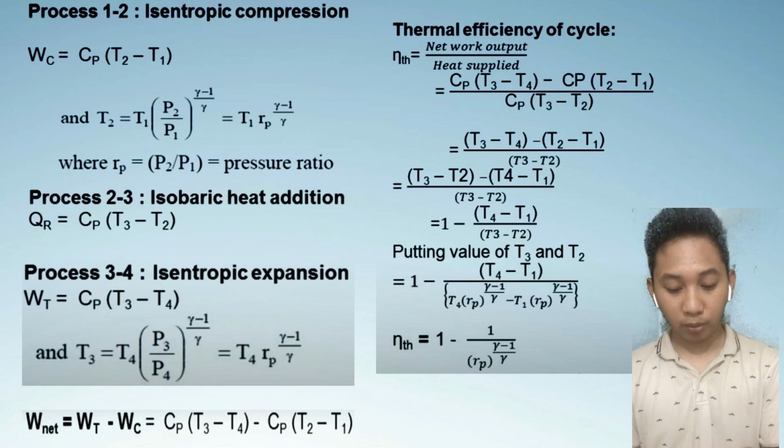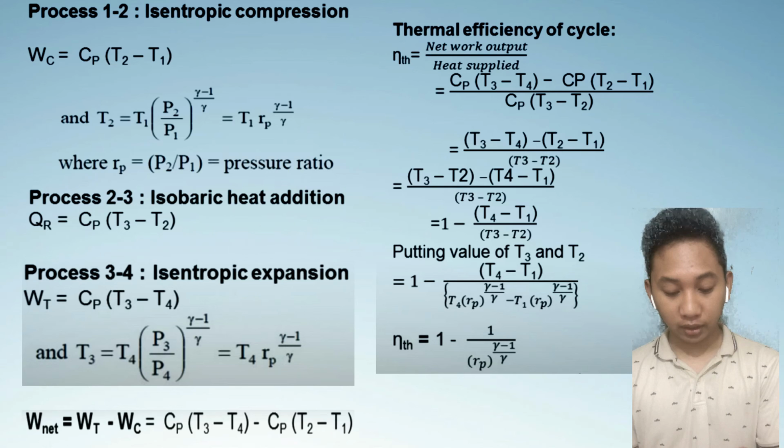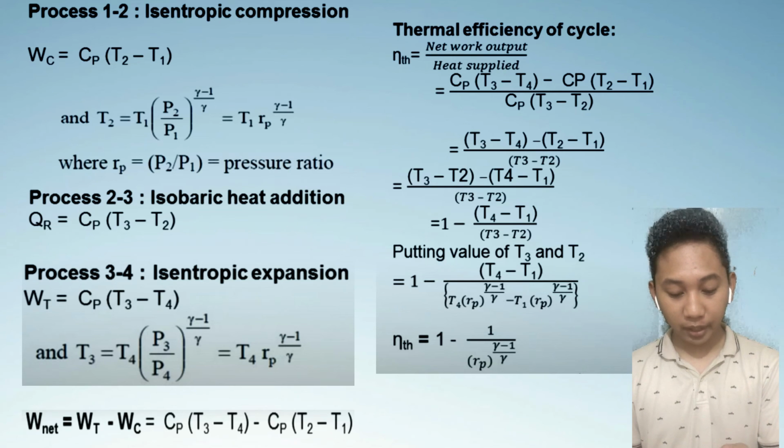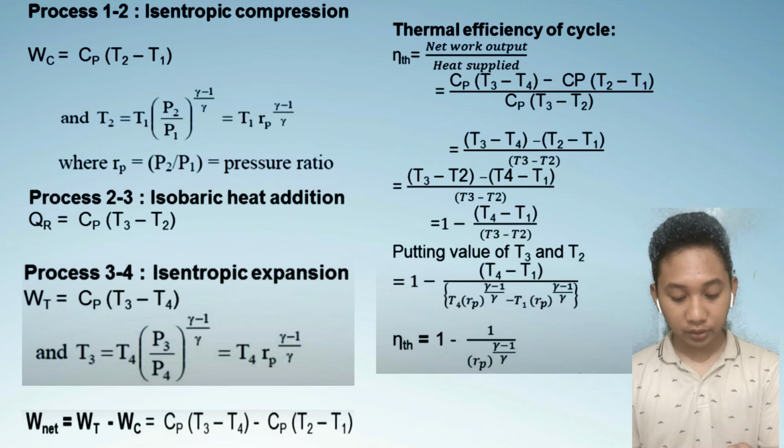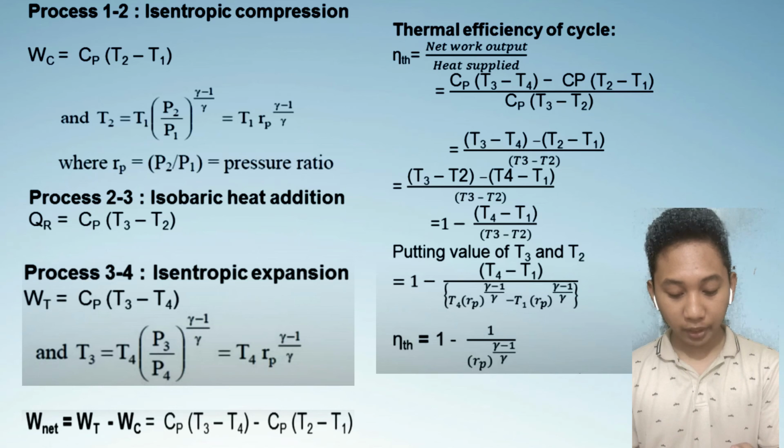Putting the values of T3 and T2, equals 1 minus (T4 minus T1) over (T4 Rp^((gamma minus 1)/gamma) minus T1 Rp^((gamma minus 1)/gamma)). Thermal efficiency equals 1 minus 1 over Rp^((gamma minus 1)/gamma).